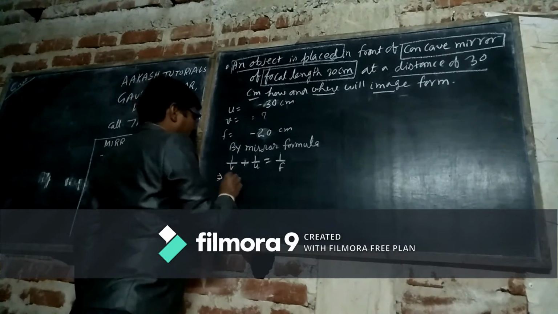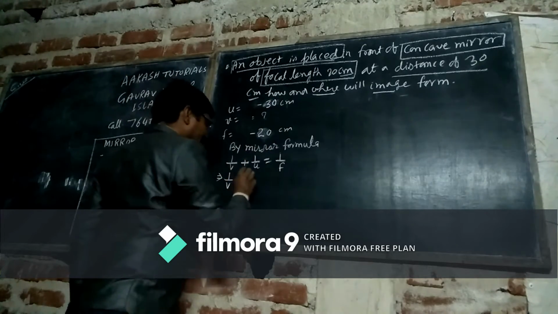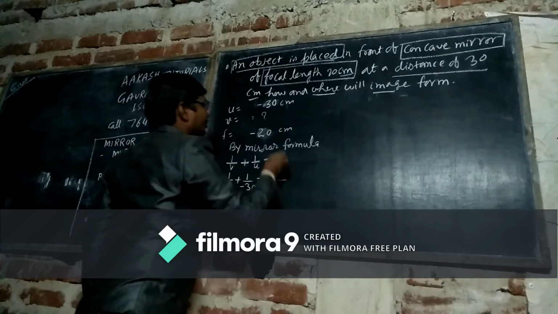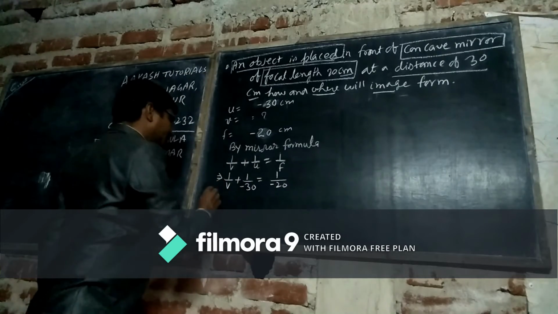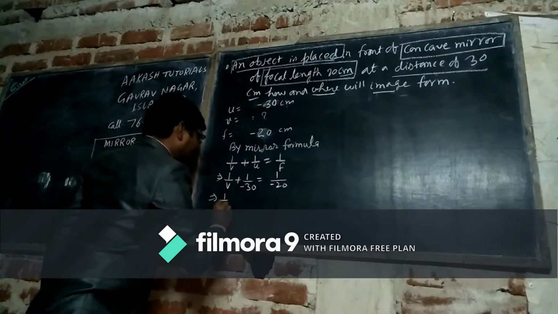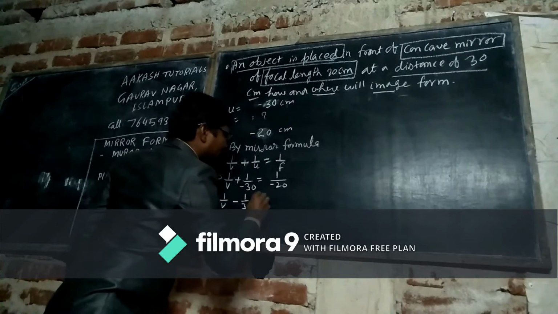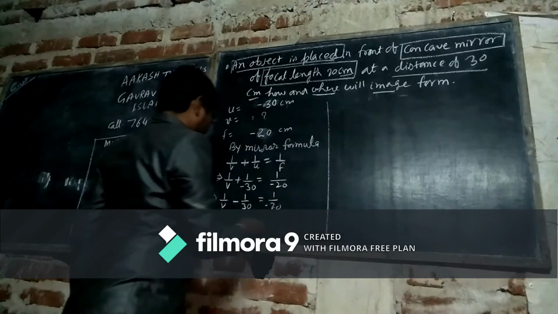Implies 1 upon v plus 1 upon u, where the value of u is minus 30, is equal to 1 upon f, and f is minus 20. So 1 upon v plus minus 1 upon 30 is equal to 1 upon minus 20.